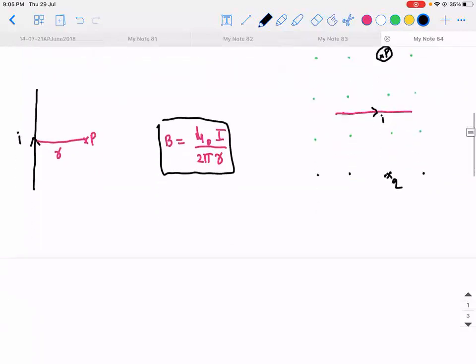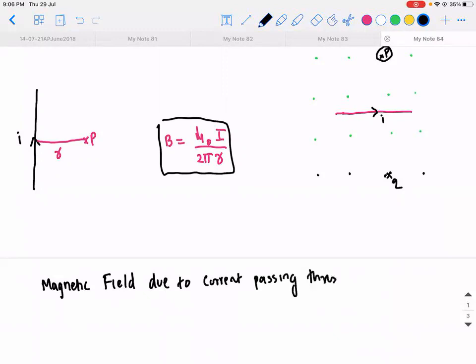We'll write here: the magnetic field due to current passing through the conductor at P.